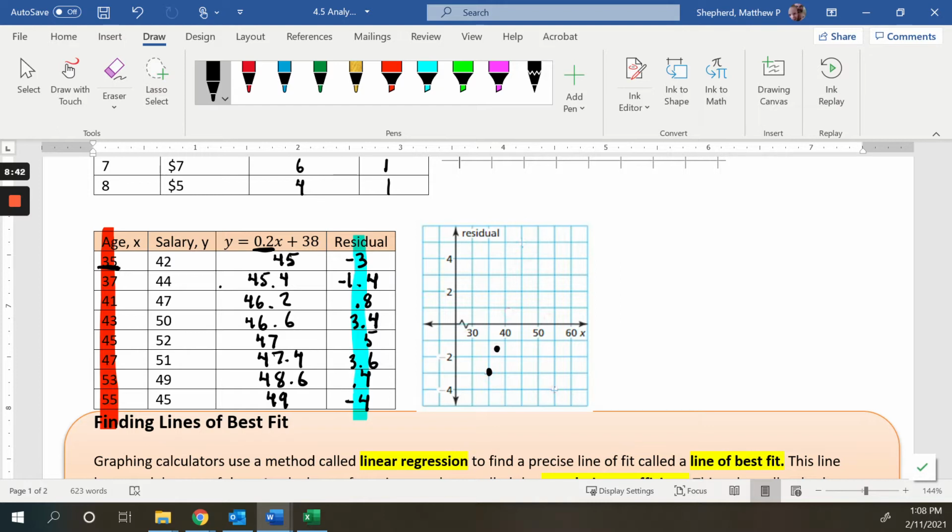Next, at 41, we should be at 0.8. And then at 43, at 3.4.